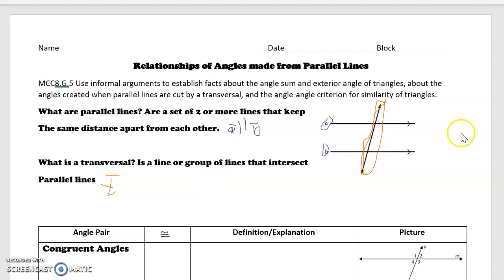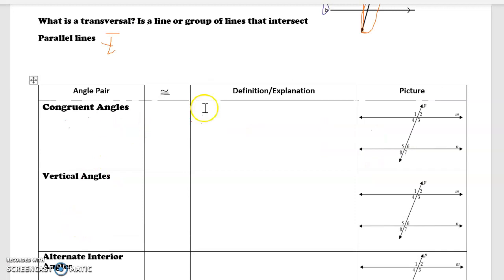All right. Okay, I'm going to move up and we're going to go to congruent angles. Okay. The teacher is going to pause the video and it's asking what are congruent angles? What are congruent angles? So I want you to think about a definition for congruent angles.